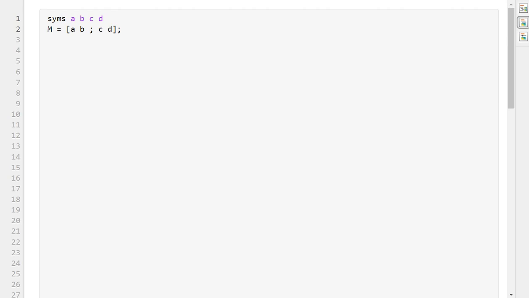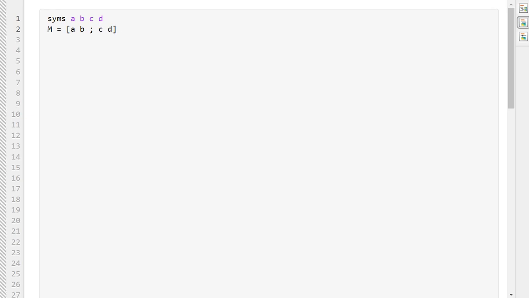When we use this syms statement in Matlab, it's going to treat A, B, and C as variables. Syms is for symbolic algebra. It's going to let us do row operations, and it's going to treat them as variables.